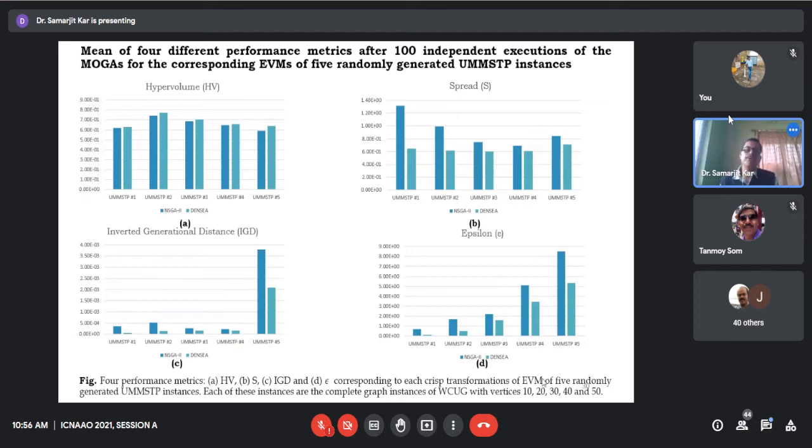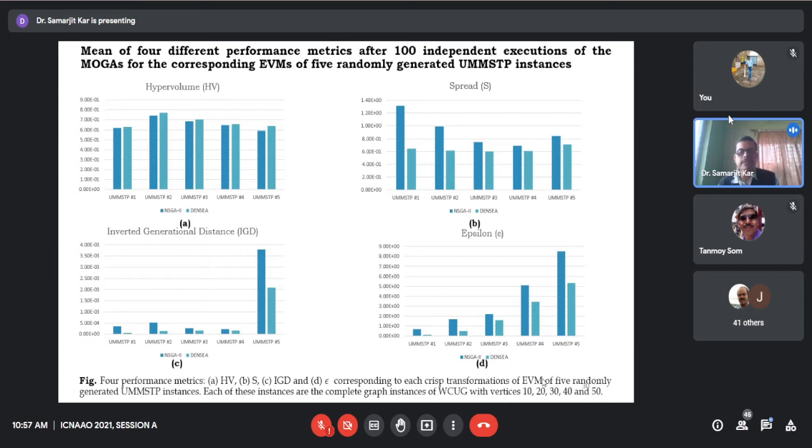So now when we solve this type of problem by using different meta-heuristic algorithms, obviously we have to compare through some statistical measures, that means which algorithm performs better than the other. So here we consider 4 different statistical performance metrics: inverted generational distance, epsilon, hypervolume, and spread.